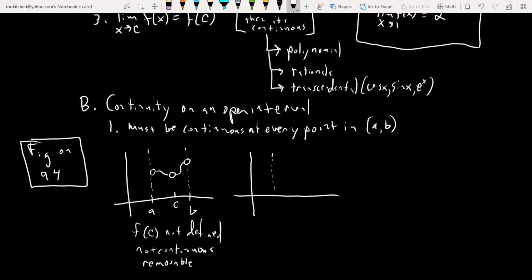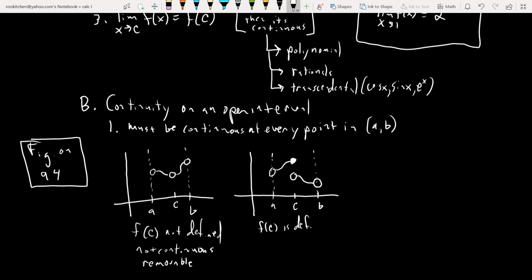This one is the jump discontinuity type, which is non-removable. Okay, so again, same sort of setup, and we have c here. And this one is filled in, and then it goes like this. So in this case, f of c is defined. So f of c works.